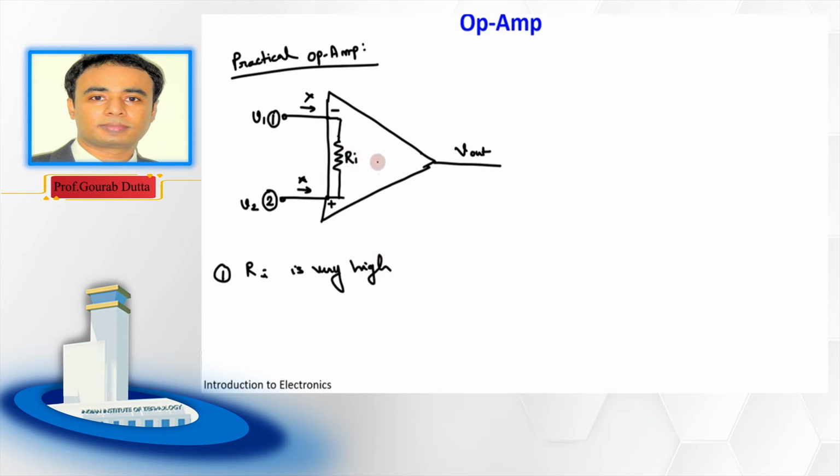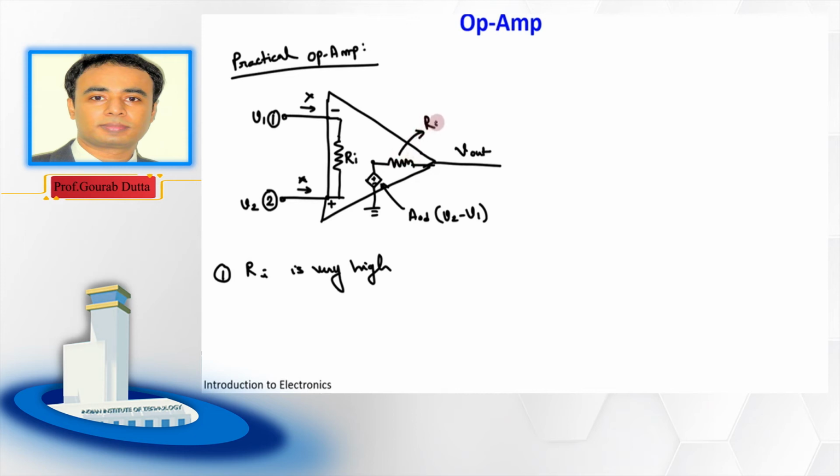The other thing is that in the last page we have seen that here we have a voltage source only. This is plus, this is minus. And this voltage source magnitude we have represented as AOD into V2 minus V1. And this was directly connected with the output because there was no output resistance for ideal op-amp. But for practical op-amp, we do have an output resistance here.